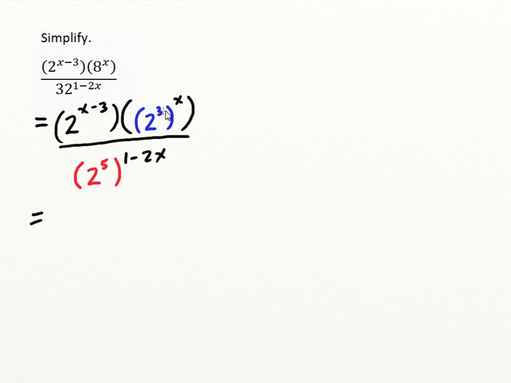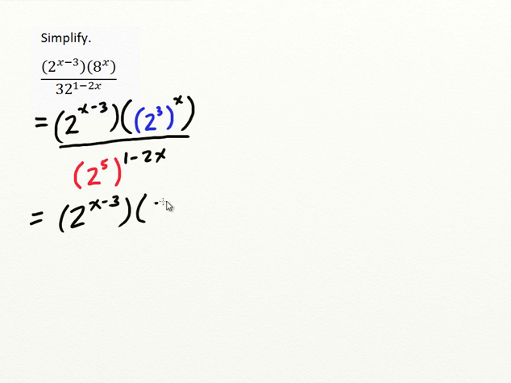BEDMAS would tell me to address brackets and exponents first. So because of this right term, 2 cubed raised to the exponent x, I'm going to tackle that first, and in the denominator I've got an exponent raised to another exponent. I'll address that as well. We'll leave the 2 to the x minus 3 alone for now. Well, 2 to the exponent 3 raised to the exponent x, the rule is you multiply the exponents.